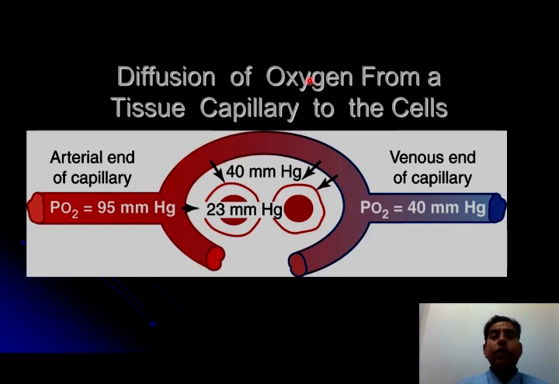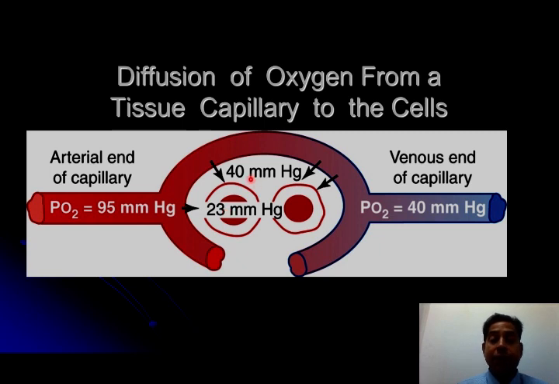If you look at the diffusion of oxygen from the tissue capillaries to the cells, the blood which has been picked up from the lungs is now at a partial pressure of 95 millimeters of mercury. Now, if you look at the tissues, the cells which are most active are at a partial pressure of 23 millimeters of mercury because the cells are using up all the oxygen for oxidative phosphorylation, for the production of energy by the burning of carbohydrates or fats.